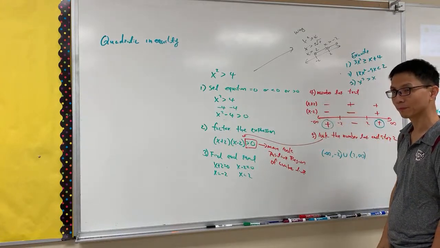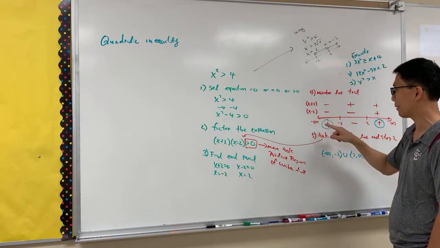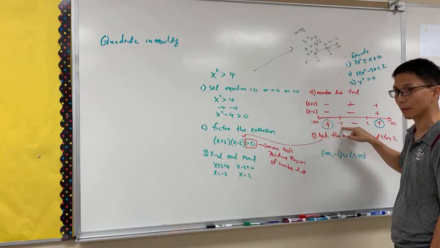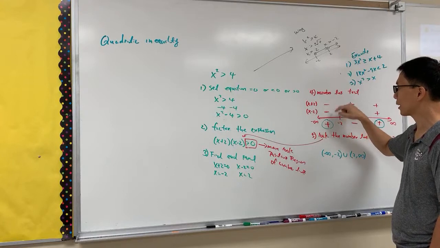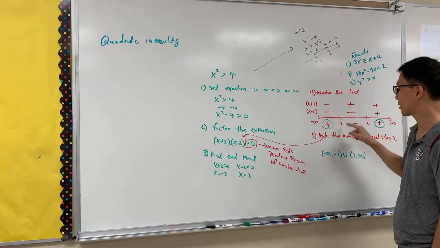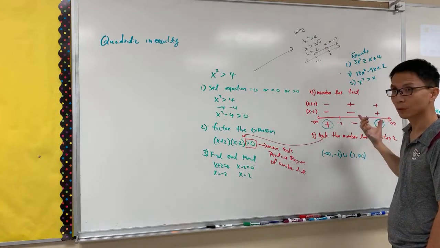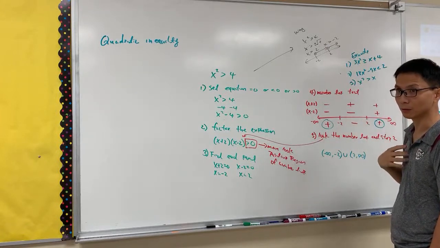So you do that between each one? Yes, each interval. Negative infinity to negative 2 is my first region that I'm testing. I'm going to test the second one between negative 2 and 2. What's a good number to test between negative 2 and 2?